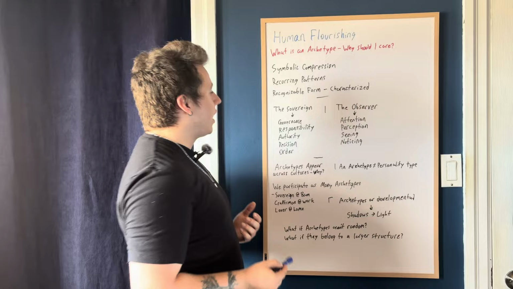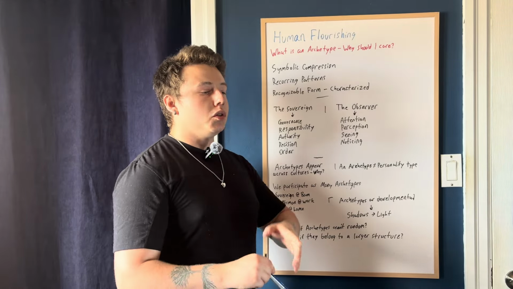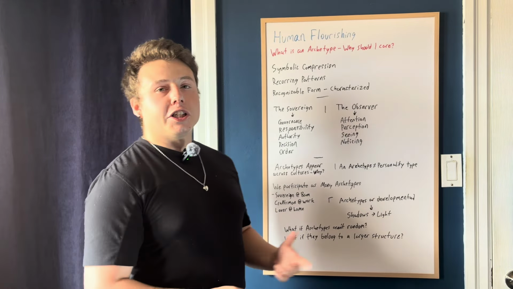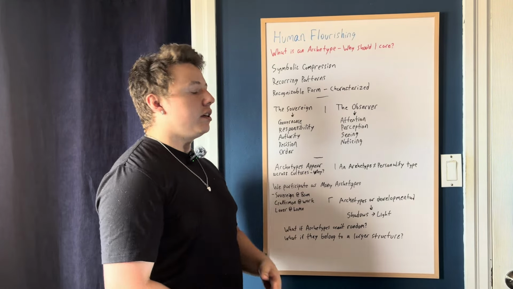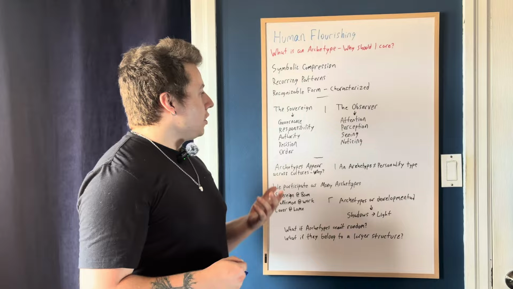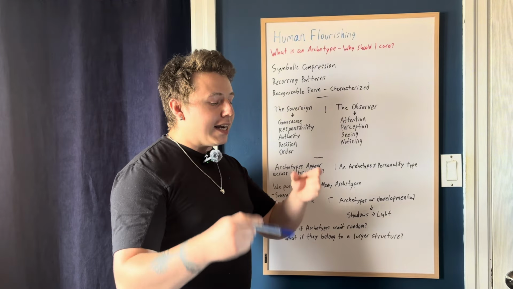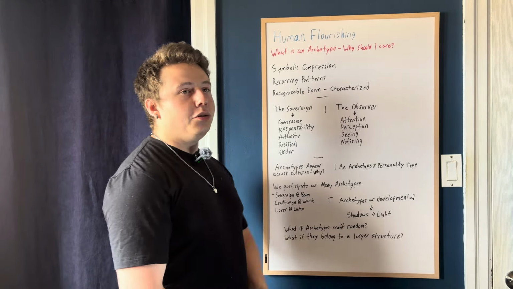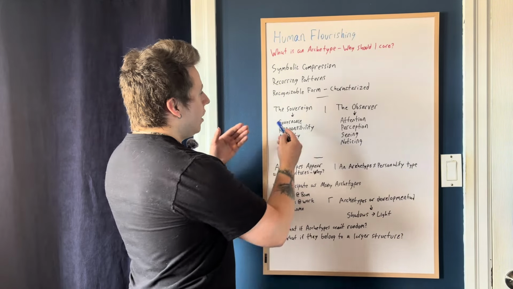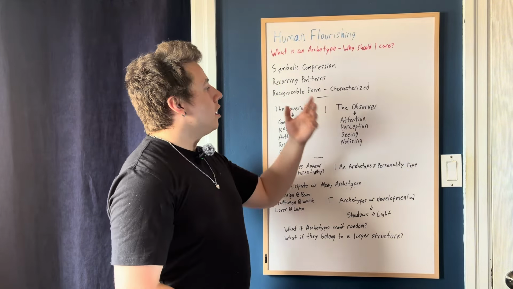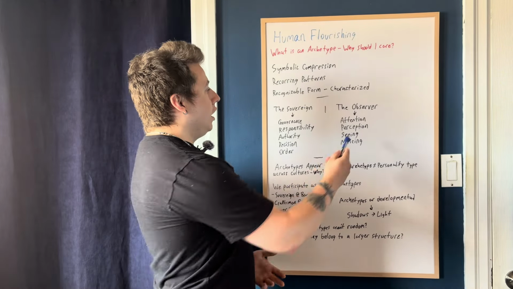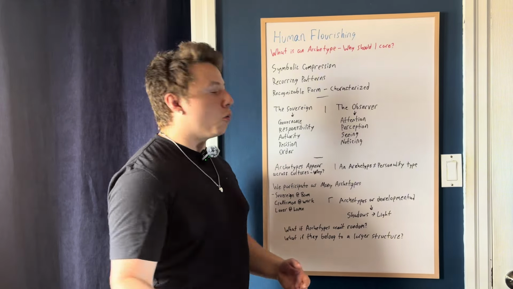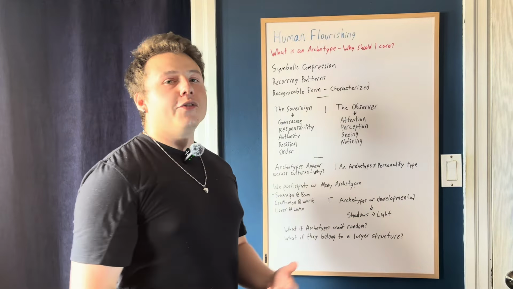Every single archetype holds multiple layers of functionalities, capacities, capabilities, skills, abilities, and competencies that you can literally apply today, right after this video. You can embody the sovereign, you can embody the observer, even during this video. And you can keep your attention focused on what I'm saying. That would be a function of the observer.